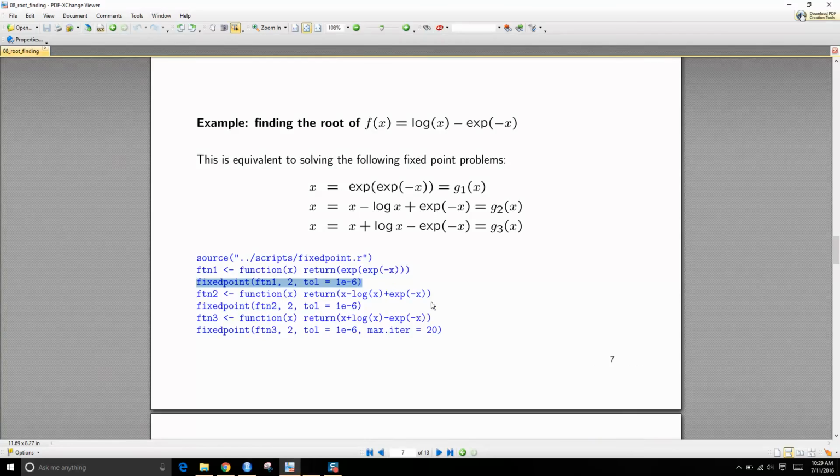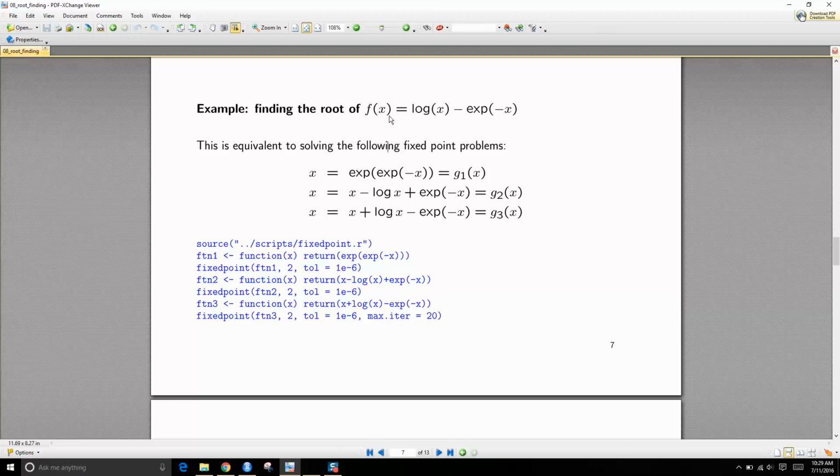Or you could express the function again. What we could do is we set f of x equal to 0. All right, and we got 0 is equal to log x minus exponent of negative x, and then all I did was I added x to both sides of the equation, and so I got x is equal to, I guess we just subtracted this from x on both sides, okay?